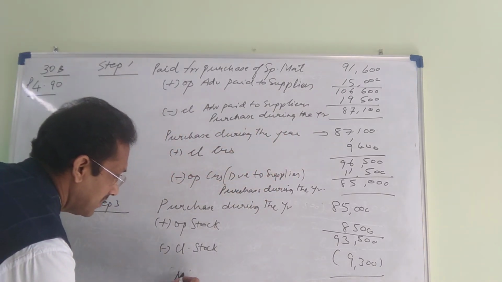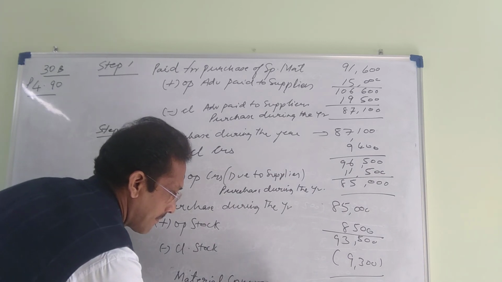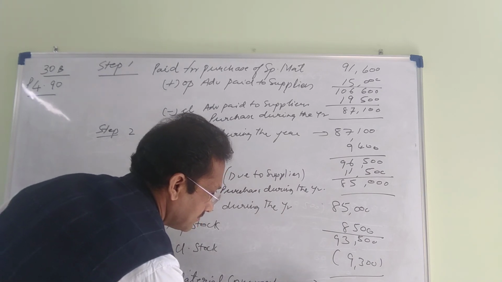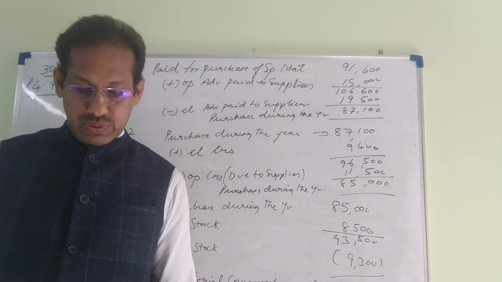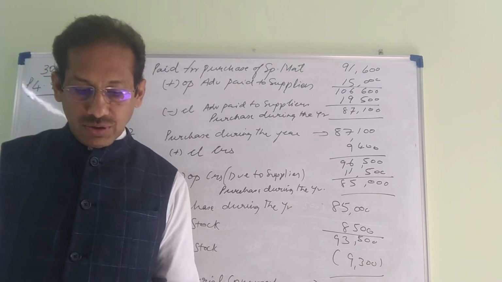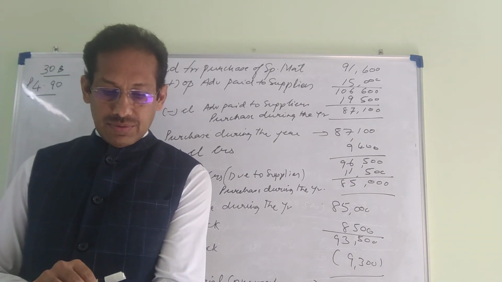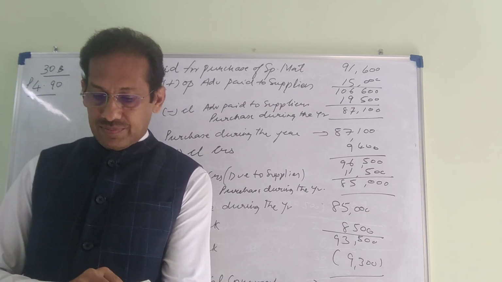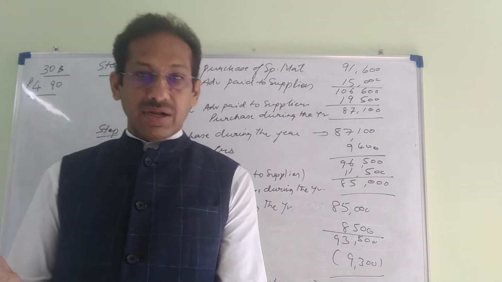So this is the material consumed during the year, debit side of the income and expenditure account. Okay, so for material consumed we have now done the questions. Now we can do the questions based on the income and expenditure account.